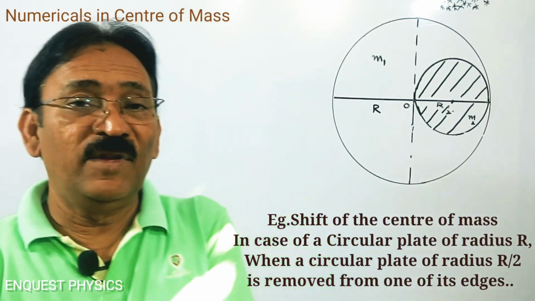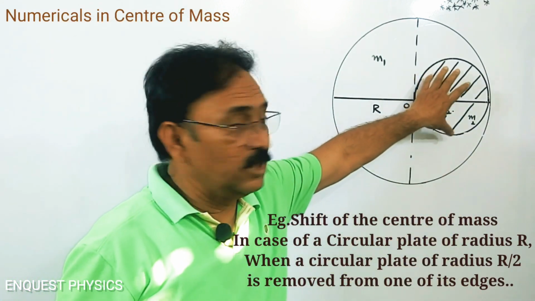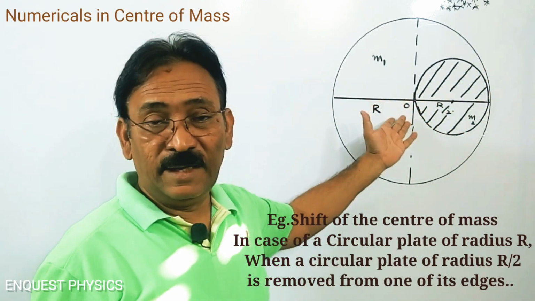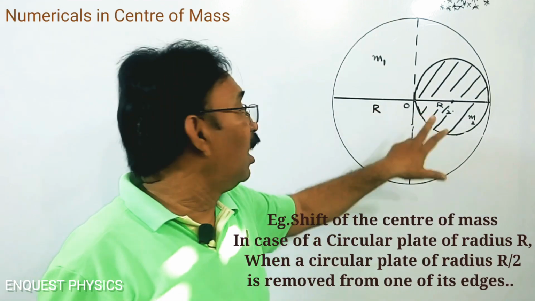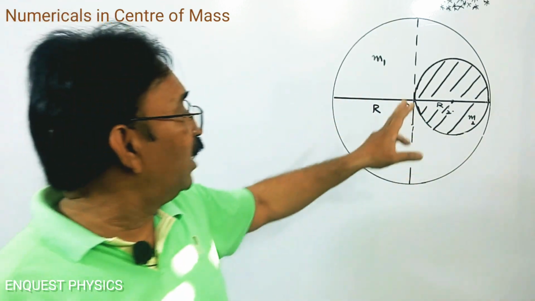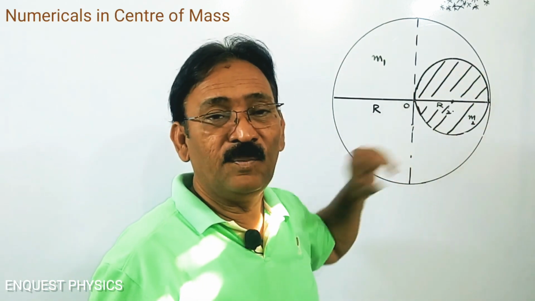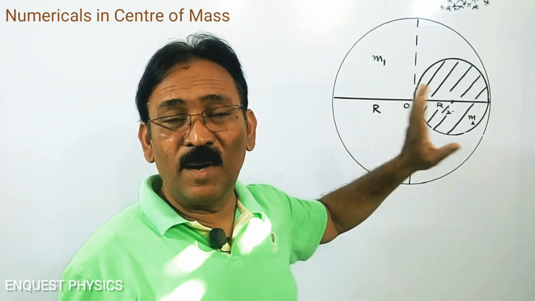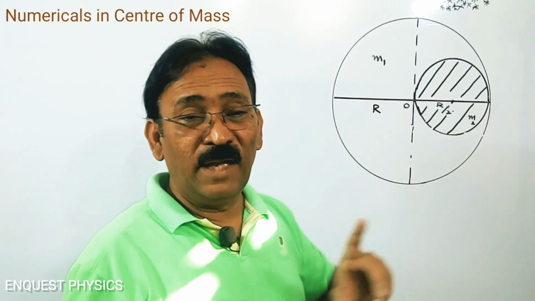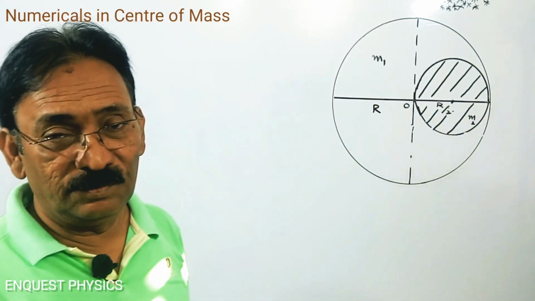If we didn't remove this part, the coordinates of the center of mass, xcm and ycm, would be 0, 0. But here we are removing this mass, so obviously the center of mass will be shifted. It lies somewhere here.